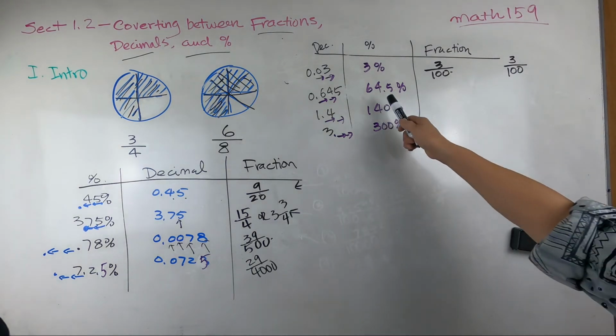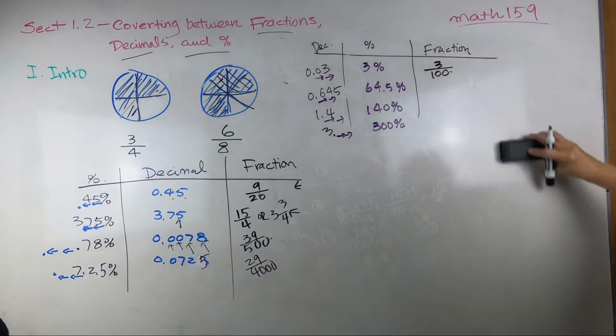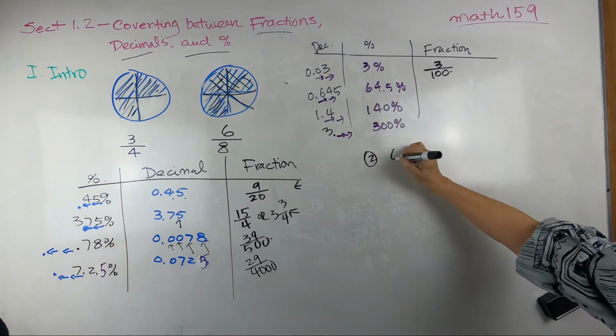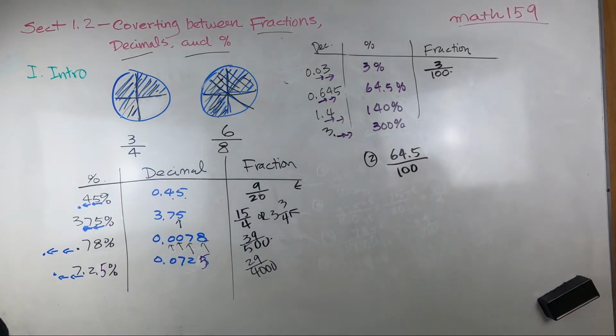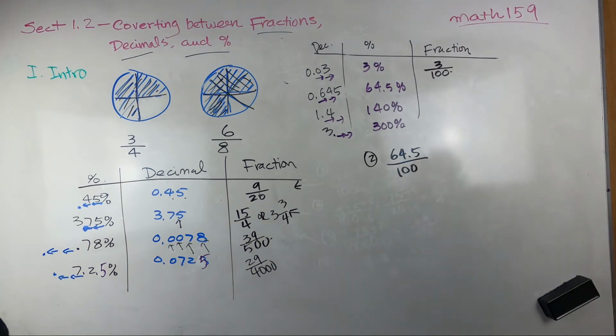Okay, how about 64.5%? It's a per 100, right? So for the second one, you say 64.5 per 100. But we don't mingle decimals and fractions. So we want to write a simple fraction.